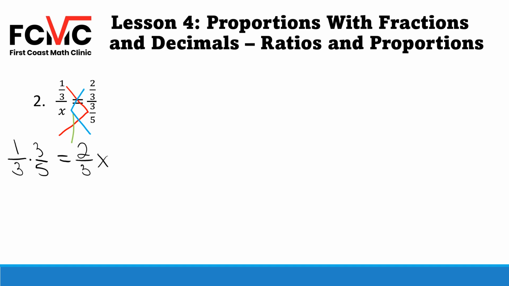So just review this multiplication, right? I did another video on multiplying fractions. If you want to check out that video, the link is going to appear right now. But again, just multiplying these out, we want to multiply straight across. 1 times 3 is 3. 3 times 5 is 15. Equals 2/3 x. So we've got 3 over 15. Let's reduce this.